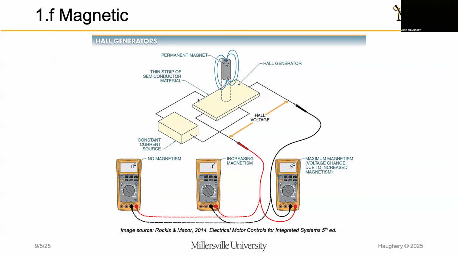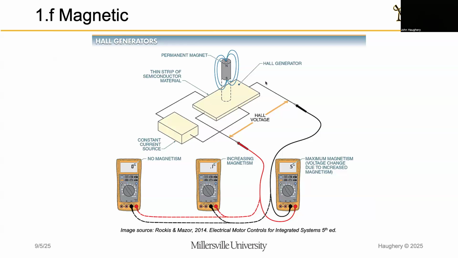And if I run current laterally through the quartz, a voltage will be produced perpendicular the other way, right? So current is running kind of left to right. Then I will have a voltage at 90 degrees perpendicular to that, which I can measure across that substrate. And that's just the phenomenon of nature, right?